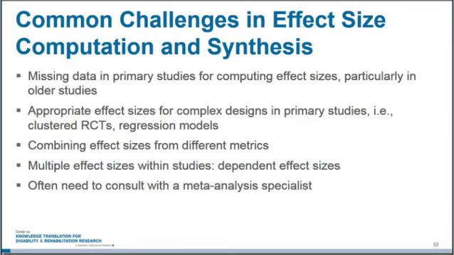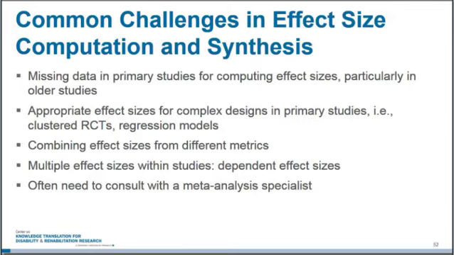Okay. Some computational challenges might exist when you are using meta-analysis, when you're trying to compute effect sizes and so forth. Every researcher I know that's used systematic review runs into the problem of missing data in primary studies for computing effect sizes, particularly in older studies. Many of the older studies don't give you the information you need to calculate an effect size, so you will run into that problem.